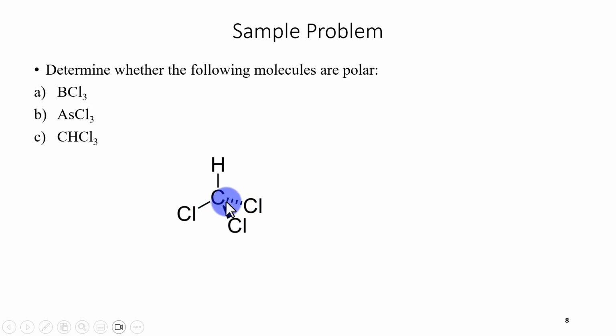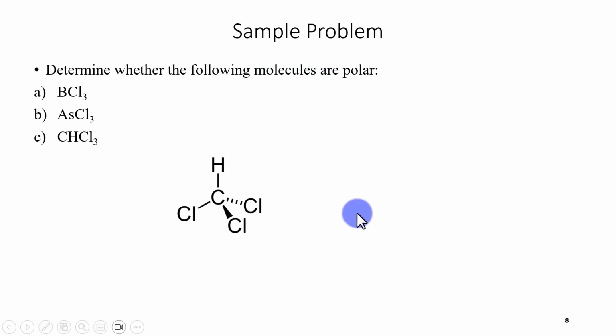That gives me an electron group geometry of tetrahedral. I also have 4 atoms bonded to the central atom, which makes my molecular geometry tetrahedral as well.